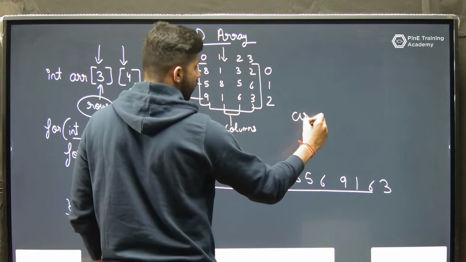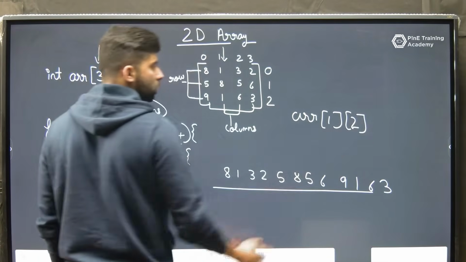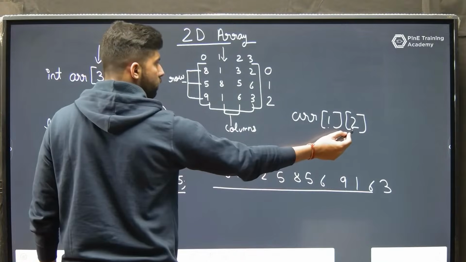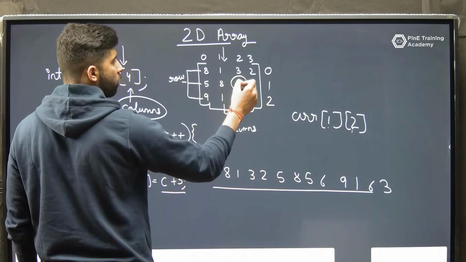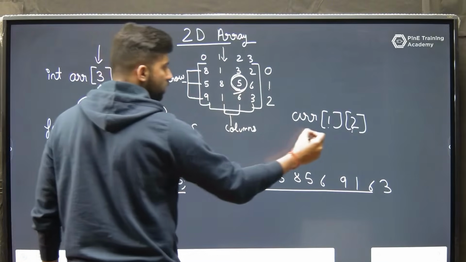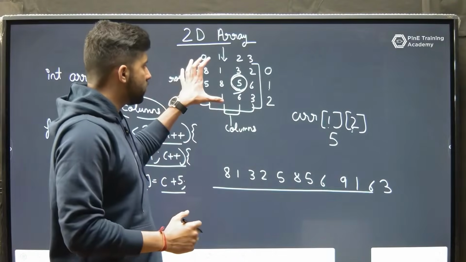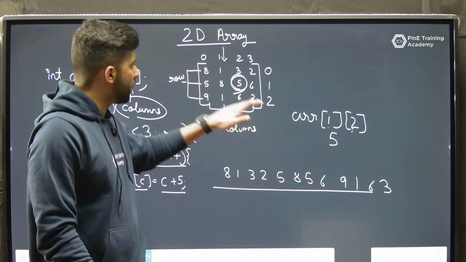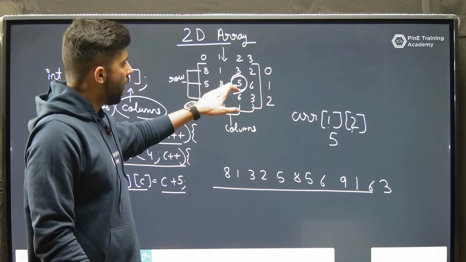So if I write array of 1, 2, that means row number 1, column number 2. So row number 1 is this, column number 2 is this, so 5. So this is actually 5. Now I can visualize this, so I am able to tell this is my element, this is my row 1, this is my column, and this is the element.